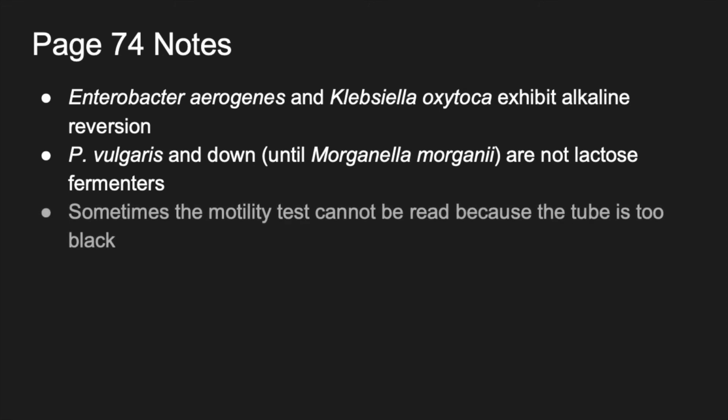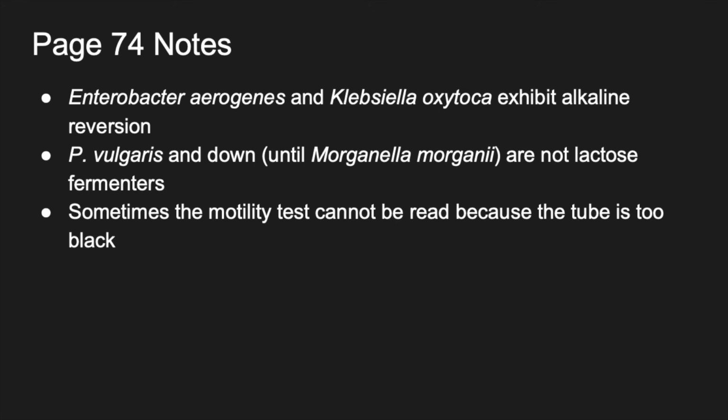And sometimes the motility test cannot be read because the tube is too black. We saw that with our results, right? We said that the sulfide was positive. However, because the sulfide was positive, it was too hard to read if the bacteria was motile or not, because you can't really see if the test tube is cloudy if the whole thing is black.